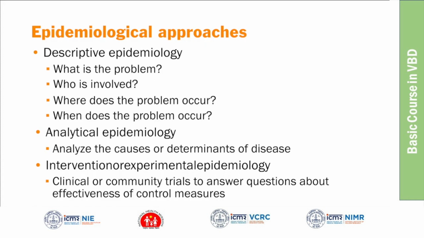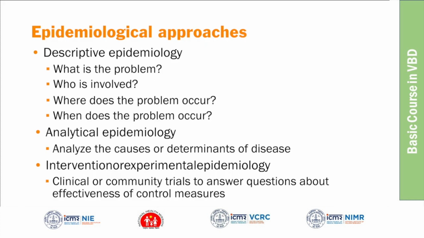The second approach is called analytical epidemiology. Typically, the word analytical refers to the use of a comparison group to test the research question, clue, or hypothesis, whether it is true or not, by comparing, for example, diseased versus non-diseased or exposed versus unexposed. And then we identify the determinants, which is the second purpose of epidemiology.